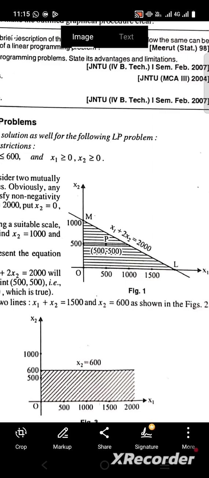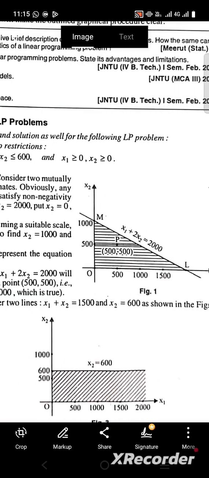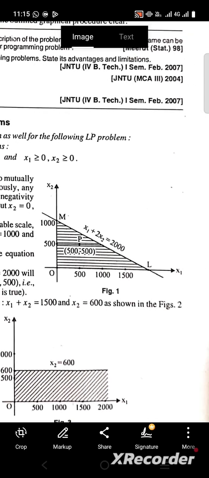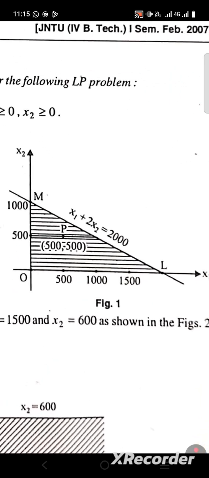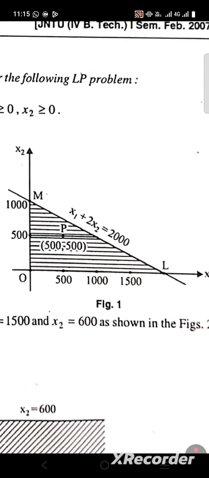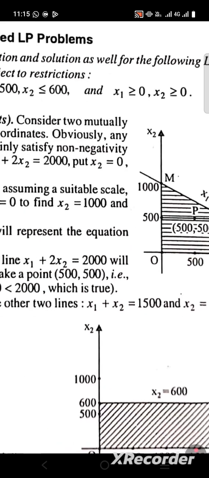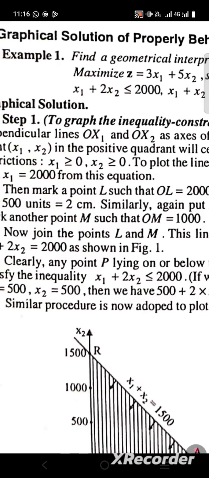First we assume the point 2000 on OX1, that is x1 equal to 2000 marked on the line OX1.